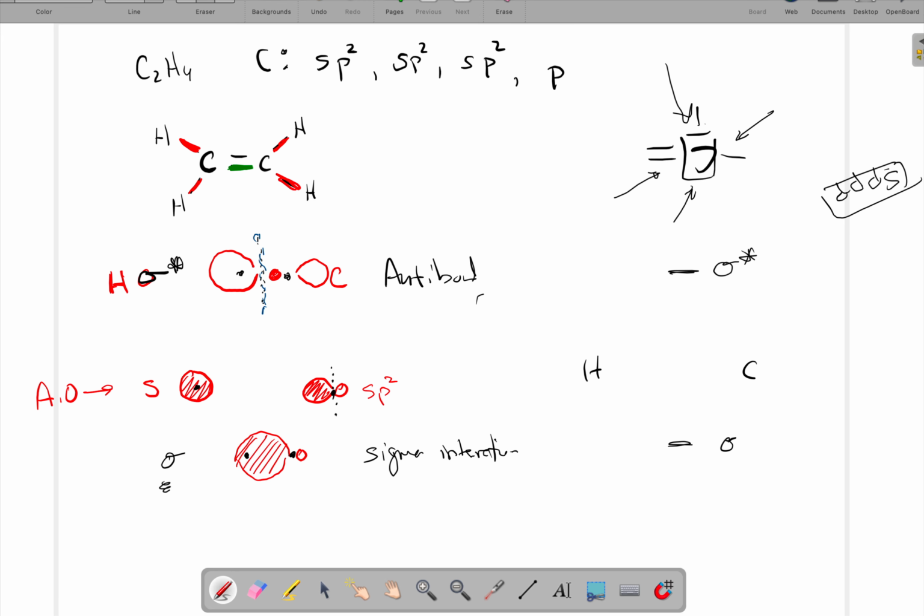So if we're going to evaluate what you did here, this was sp2, that was sp2, that was sp2, that was sp2. What's left over for this carbon for this area? Well, we used 2 sp2s for our hydrogens. I've got an sp2 left over, and I have a p left over. Conveniently, I have 2 bonds I have to address. I said I want you to draw out the sigma bond, right?